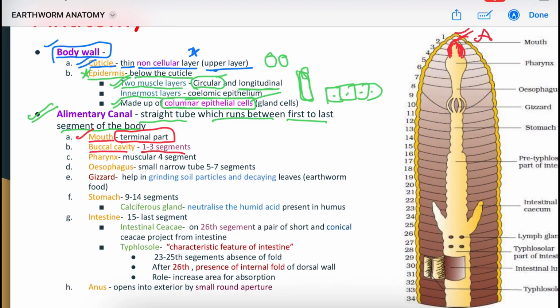Then next is the pharynx. This portion, for 4 segments, is the pharynx.